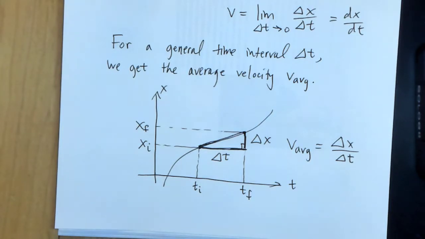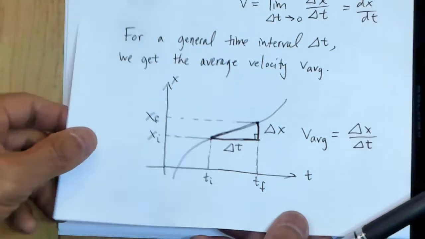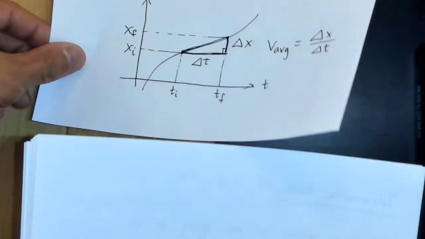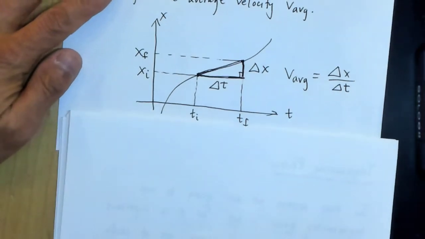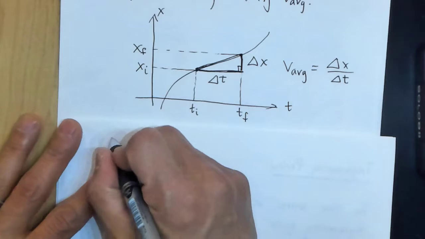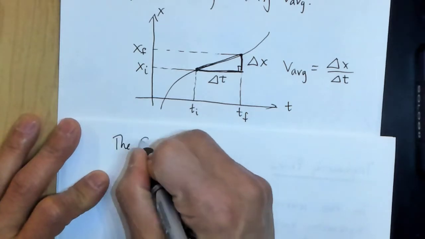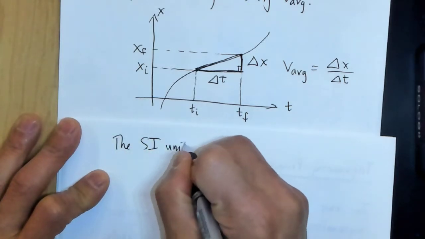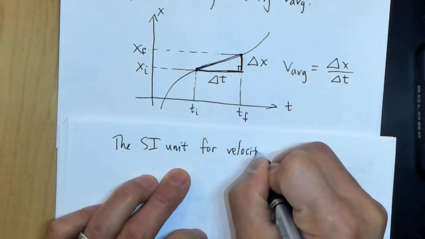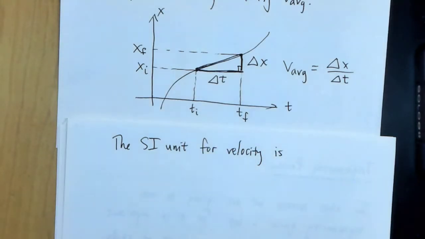Now, next thing I want to say about velocity is the units. The System International unit, the metric unit, if you want to call it that, the SI unit for velocity is, what do you think it is?